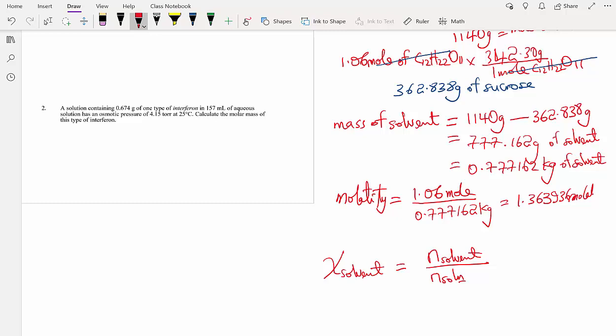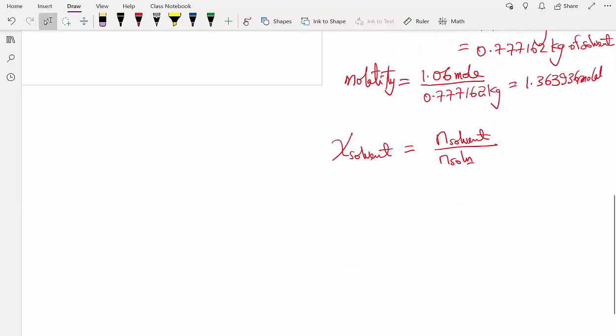Do we know the moles of the solvent in this question? No, we do not, but we know the mass. And the solvent in this case is water. So let us find the moles of water.